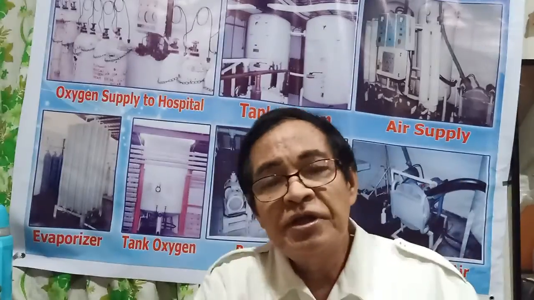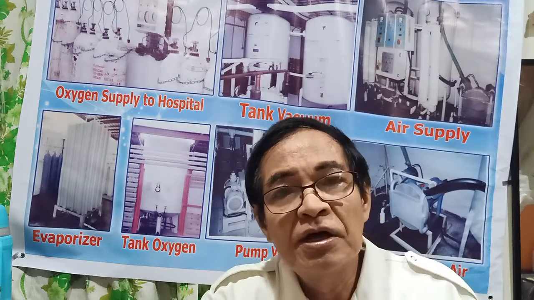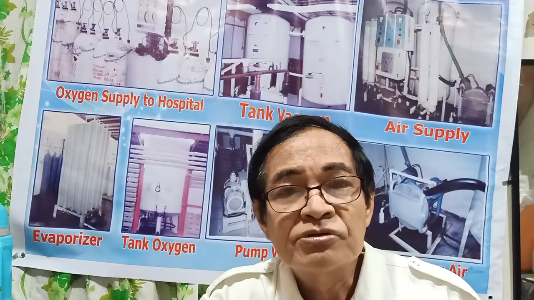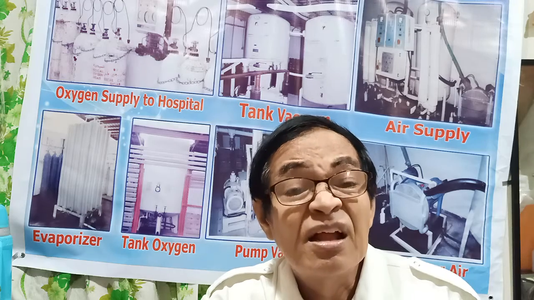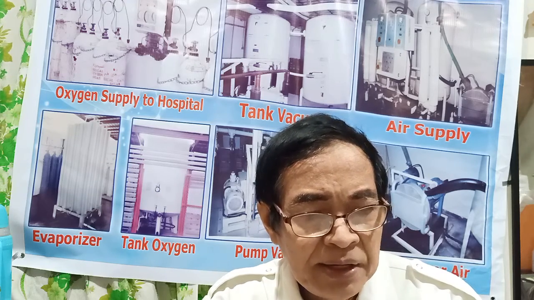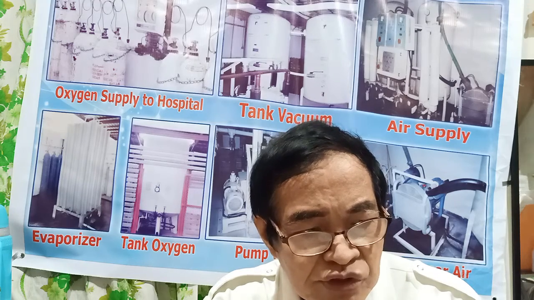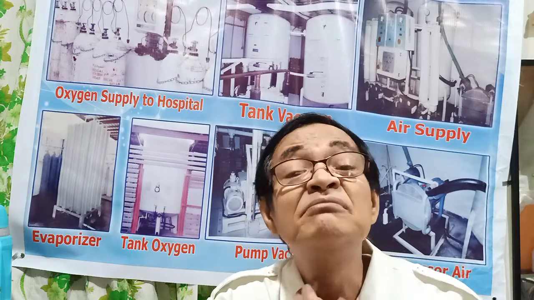Good morning everyone. I would like to continue the discussion about the oxygen tank connection to the building of the hospital, like the alarm panel with the different connections in the building, like the pipe system.